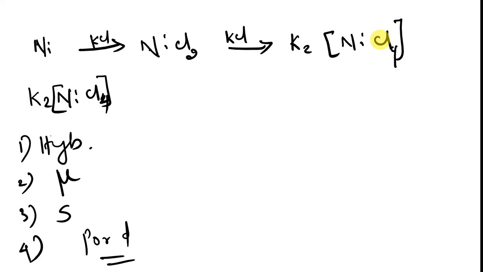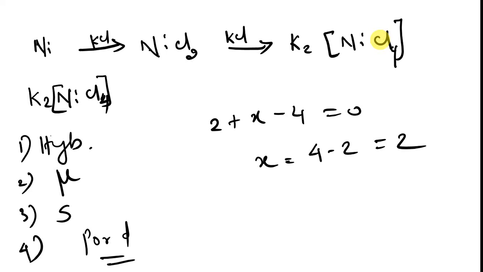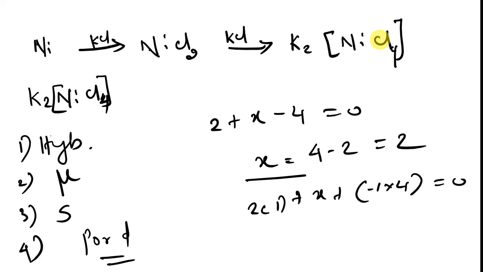Hybridization. Here, what is the oxidation state of Ni? 2 into 1 plus x plus minus 1 into 4 is equal to 0.